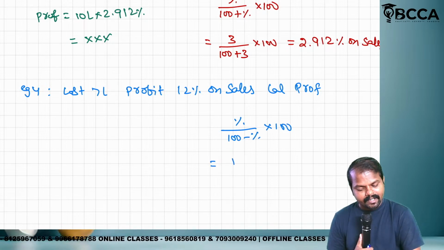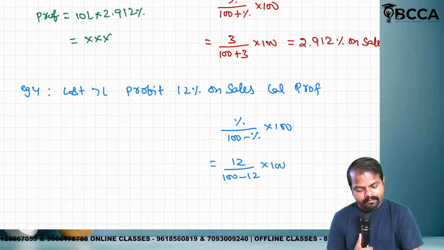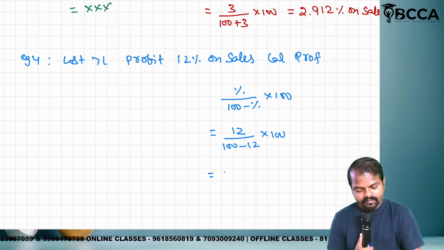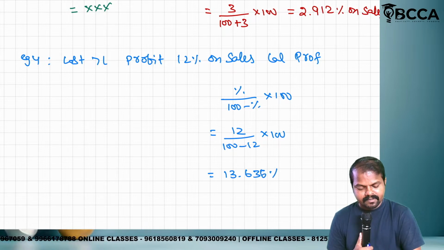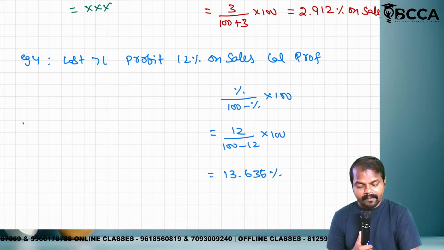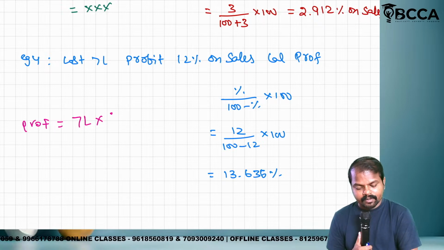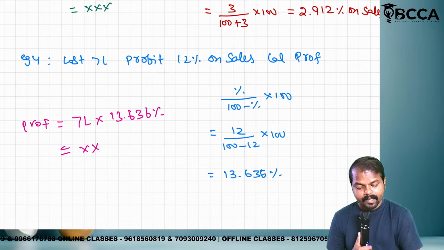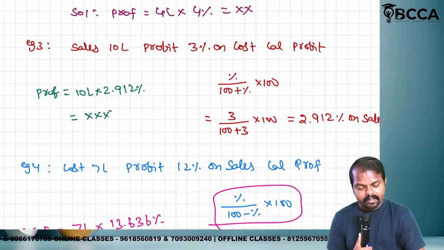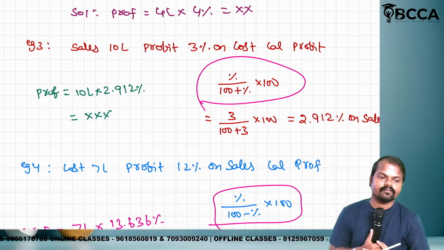So 12 divided by 100 minus 12, into 100. Please calculate. 13.636%. Then profit is equal to how much? 7 lakh into 13.636%, some amount. This formula you have to remember.